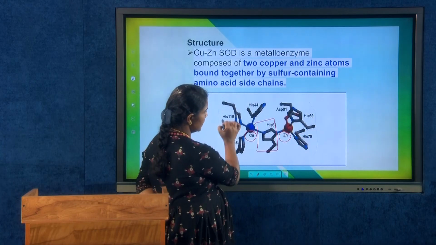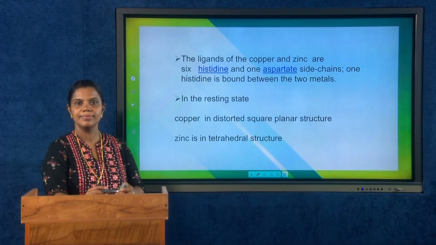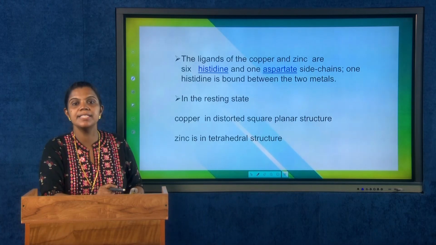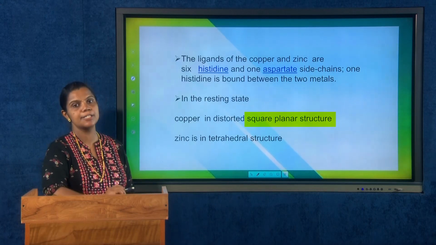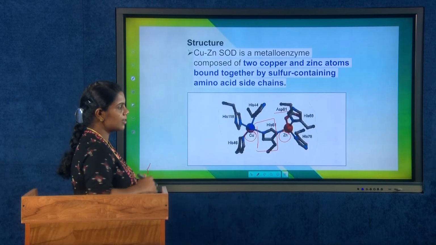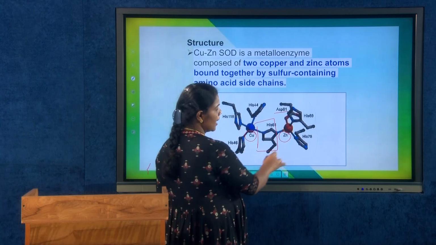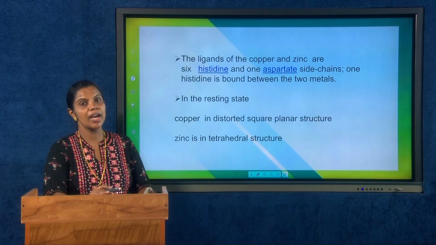In the resting state, copper is present in a distorted square planar structure and zinc is present in a tetrahedral structure.